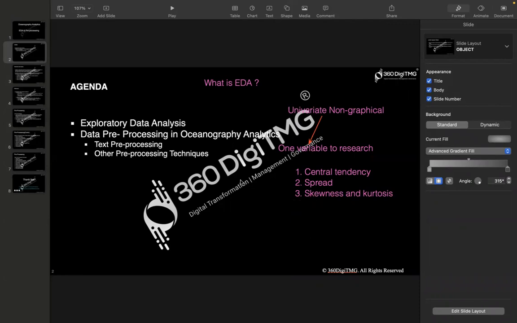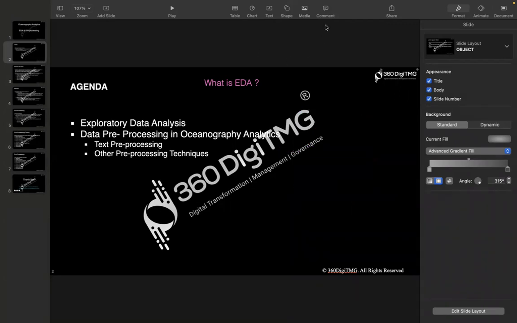Then we have multivariate non-graphical EDA.